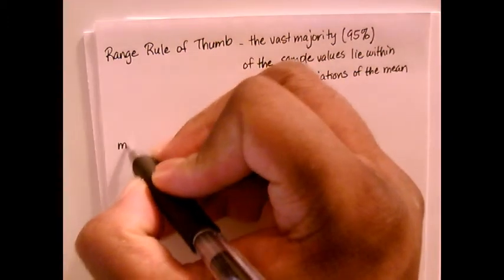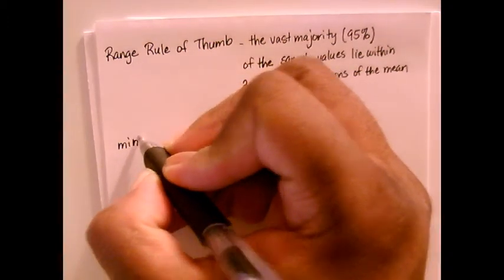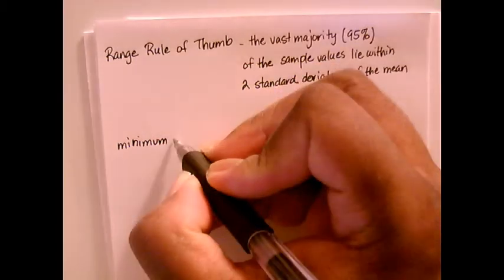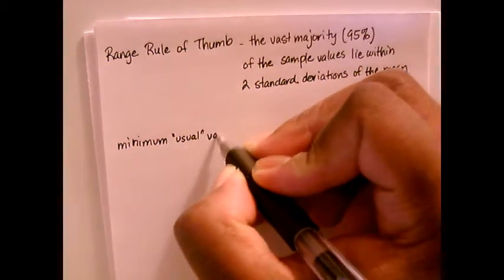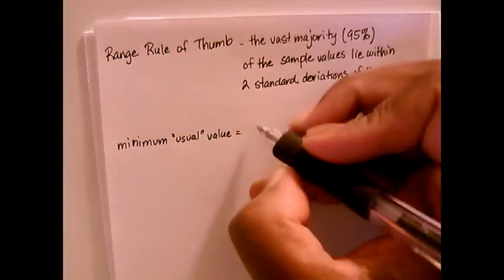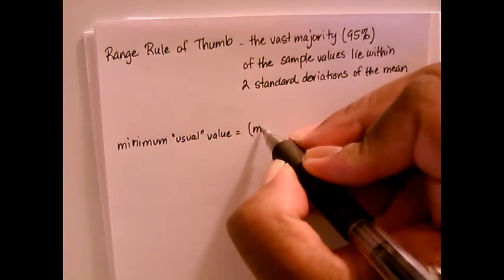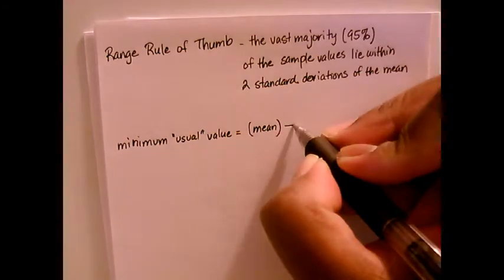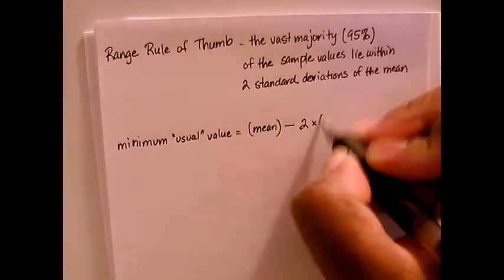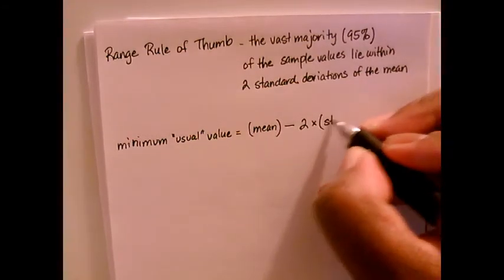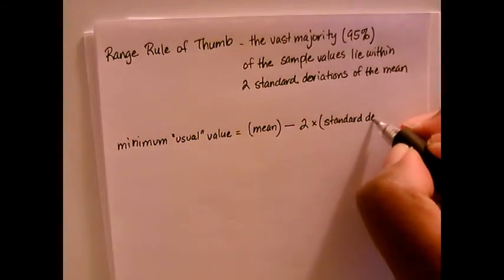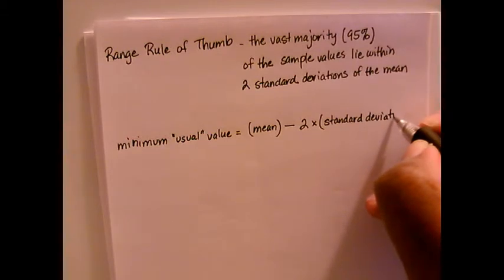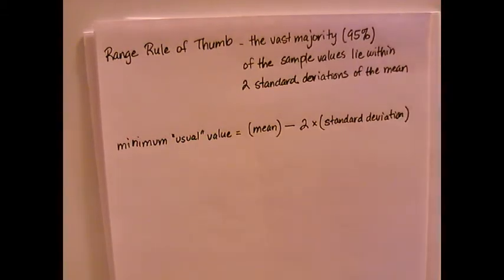So the minimum usual value is this: you take the mean, and you subtract from it 2 times the standard deviation.